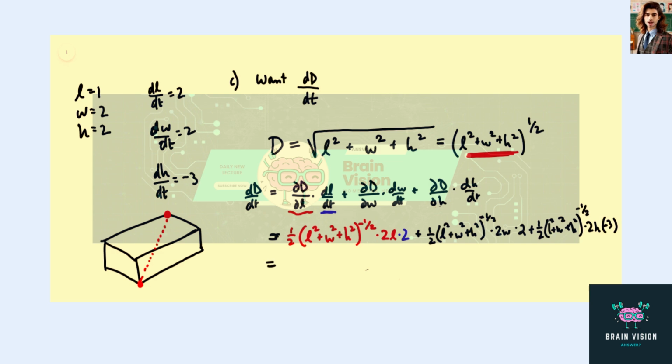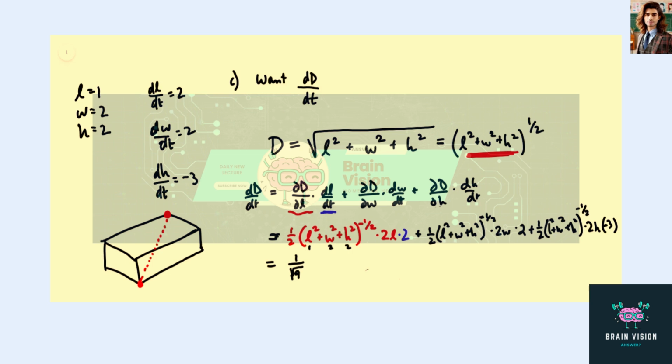Okay, now just time to plug in our values. So let's see, L squared plus W squared plus H squared. L is 1, W is 2, H is 2. So if we square all these, we'll get 1 plus 4 plus 4, which is 9. Right, and then thinking how this -1/2 power works, that's the same thing as a square root on the bottom.